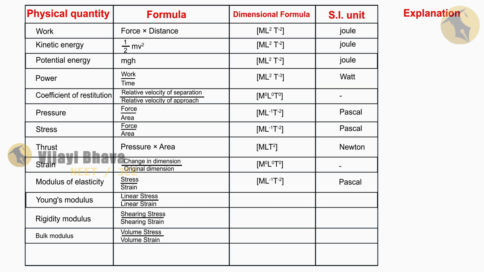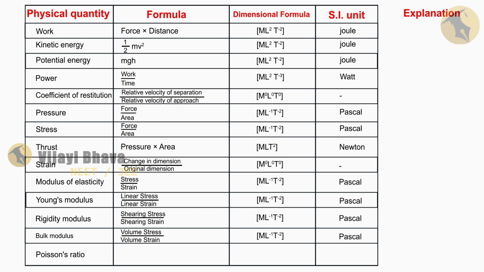So Young's modulus, rigidity modulus and bulk modulus will have a similar dimensional formula to that of stress, which is M1 L minus 1 T minus 2. Poisson's ratio.